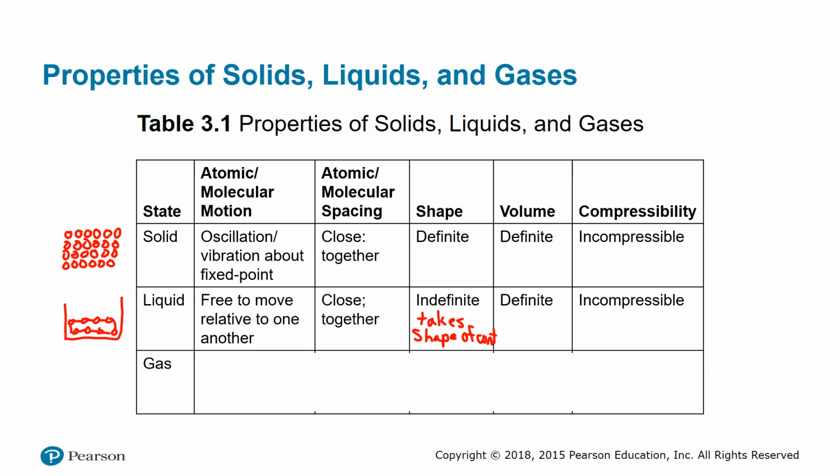If I poured the water that's in that pot right there into a flask, it's going to change to the shape of the flask. If I turn it on its side, it's going to rearrange to fill up what it has. So the shape is indefinite, but it maintains the volume. If I pour out 500 milliliters of water, it's going to maintain 500 milliliters of water.